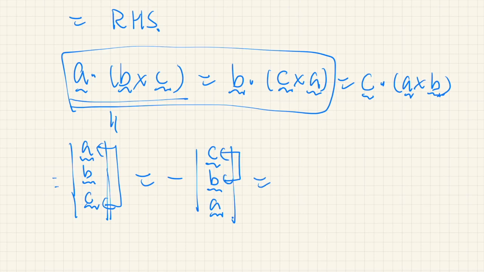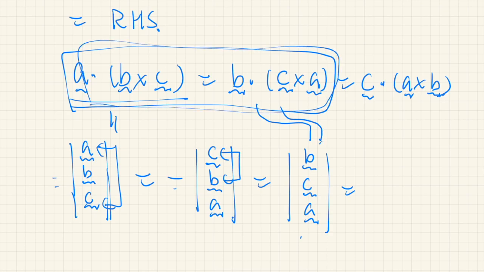Then we have another negative sign, so that will cancel this negative sign. So we have B, C, A. But this is equal to this. So we just proved this part, and similarly, you can prove this part.